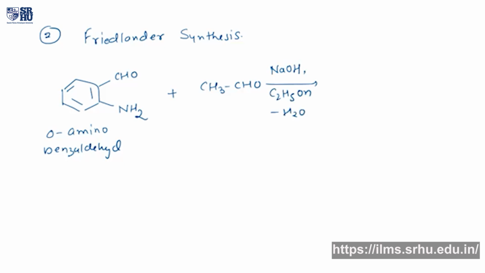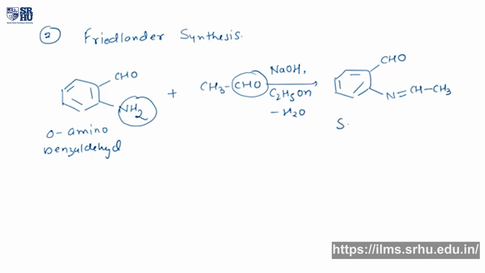The water molecule gets removed and this amino group reacts with the carbonyl group of CHO, and you know that when an amino group reacts with an aldehyde or ketone, Schiff bases are formed. So there will be a formation of a compound which is called a Schiff base.